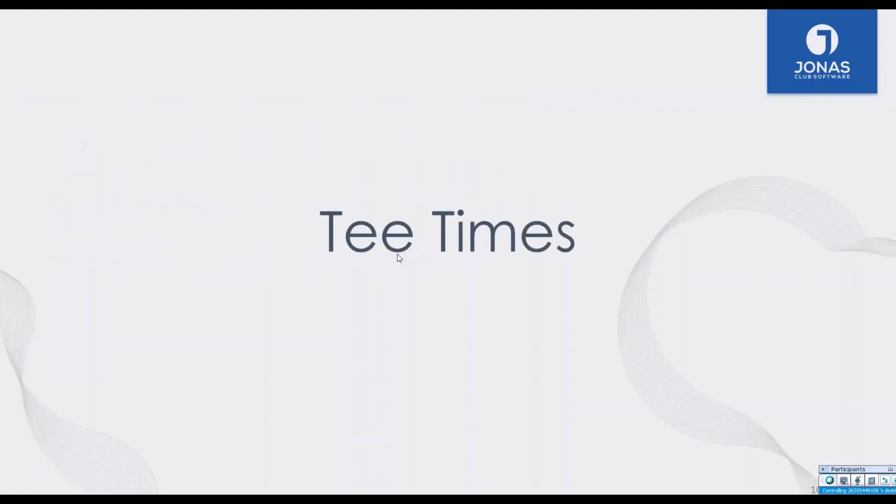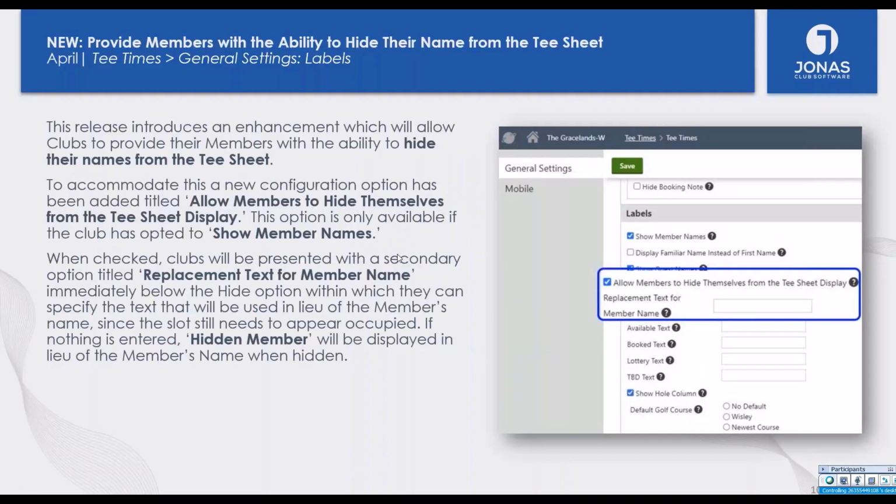Let's move to the tee times. For the tee times, there was an enhancement introduced which will allow clubs to provide their members with the ability to hide their names on the tee sheet. To accommodate this, a new configuration option has been added under tee time general settings called allow members to hide themselves from the tee sheet display.